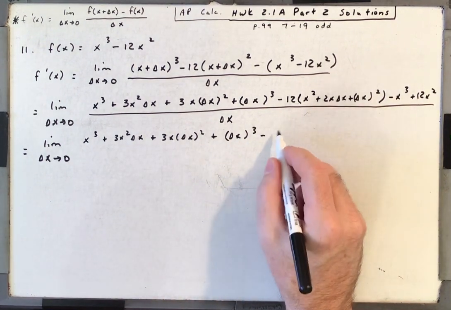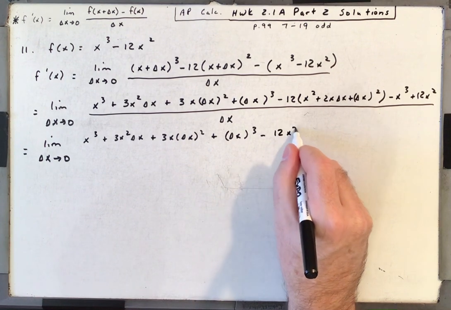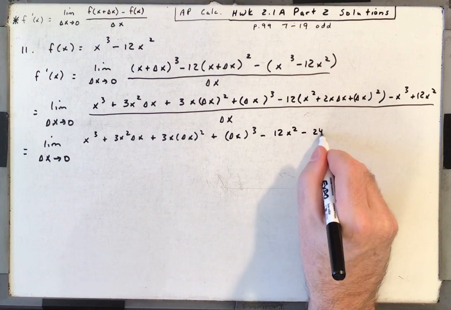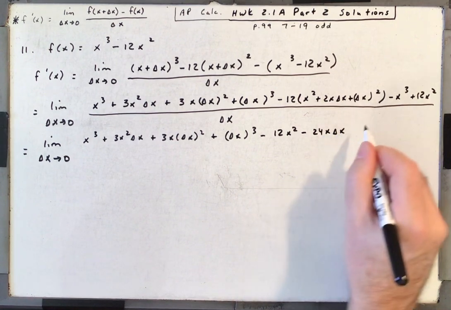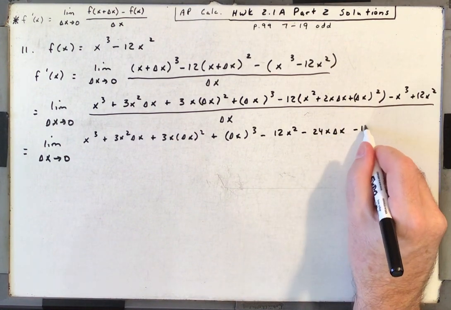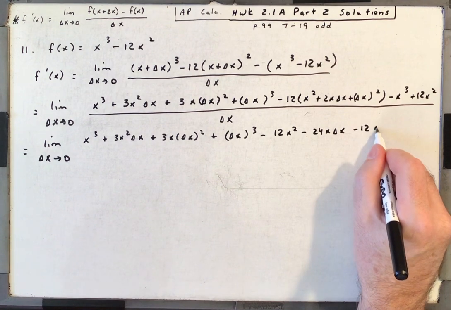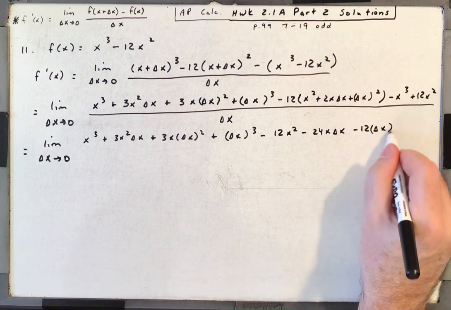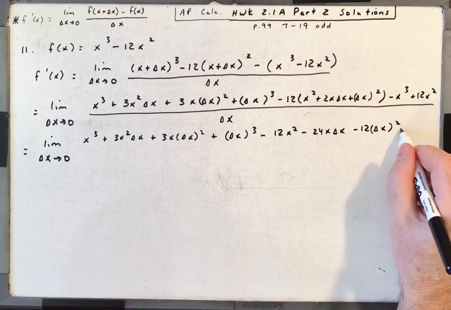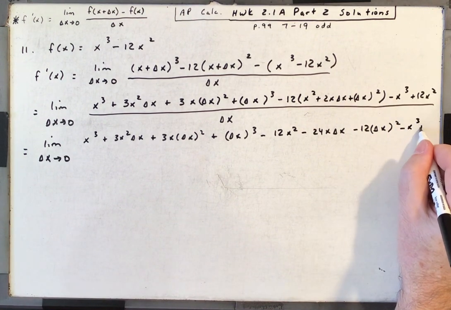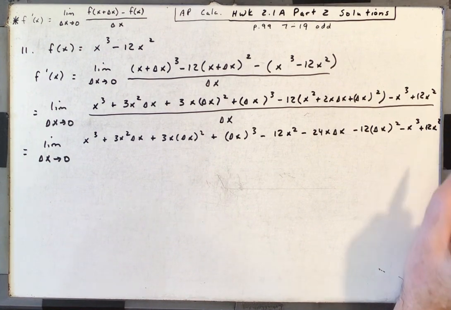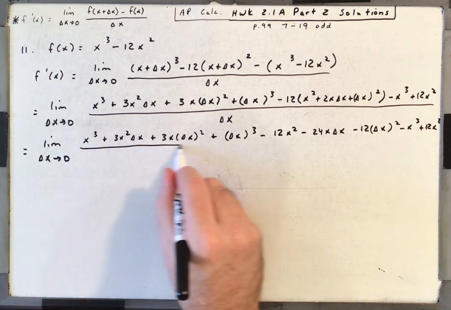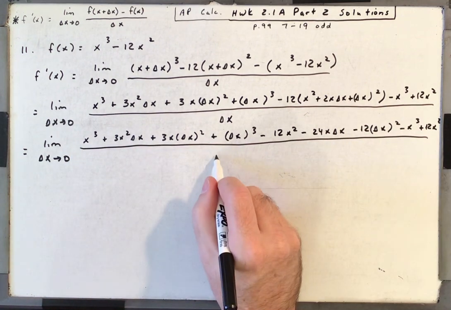Distribute the 12, so minus 12x squared minus 24x delta x minus 12 delta x all squared minus x cubed plus 12x squared. All right, running out of space there. Over delta x.